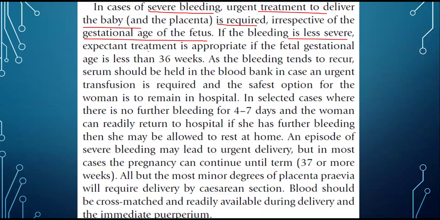If bleeding is less severe, you can wait and watch. If bleeding recurs, then you might need to go for delivery. An episode of severe bleeding may lead to urgent delivery, but in most cases, pregnancy can continue until term. So we try our best to continue until term as long as baby and mother are stable.